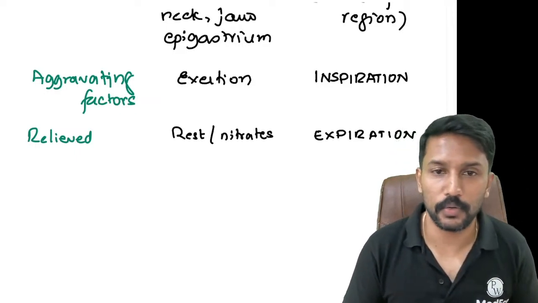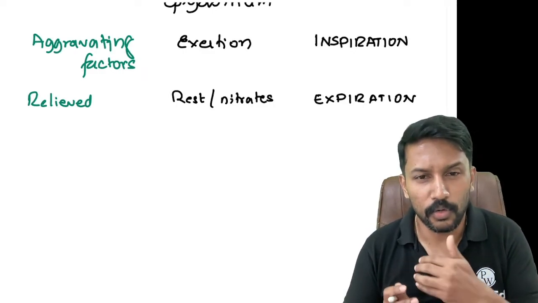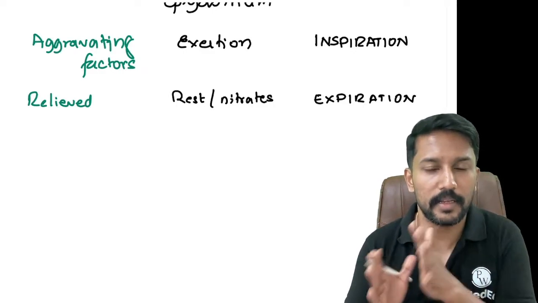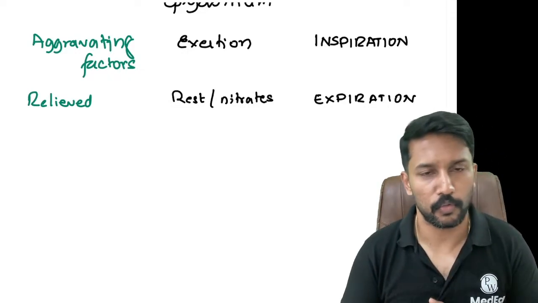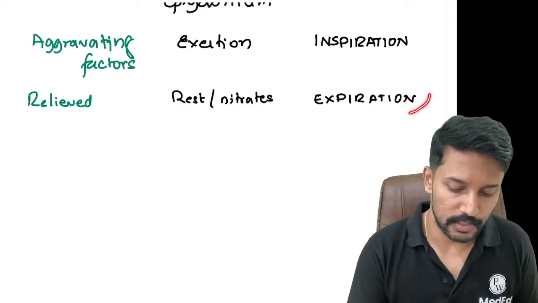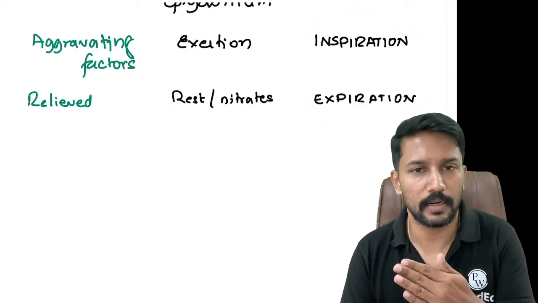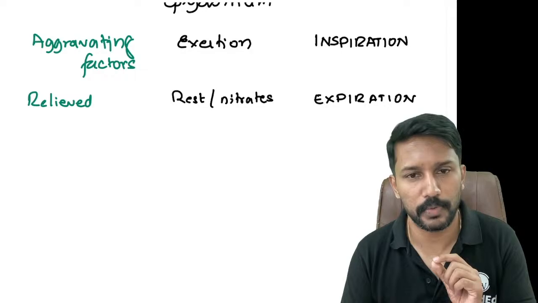Nitrates will not be able to relieve the acute pericarditis chest pain. Only NSAIDs or anti-inflammatory agents can relieve the chest pain of acute pericarditis. Clear? So the first and most important point that helps you distinguish between the pain of angina and the pain of pericarditis is the relationship with respiration.